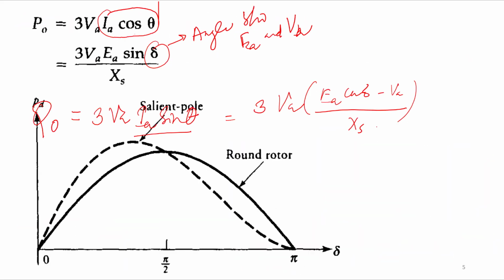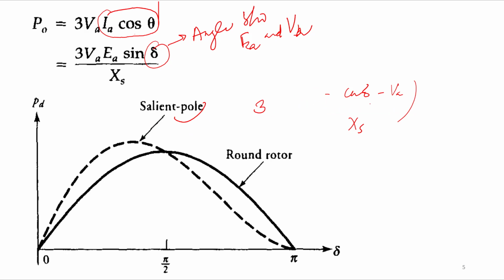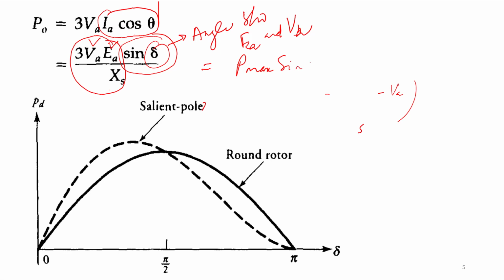Now further, if we draw the power versus this power angle, that is delta, it will look like this. If I plot this power output versus delta, it will look like a sinusoidal signal, right? Because the sine delta term is involved. And if we consider VA, EA and XS as constant, then I can write it as P max sine delta, right?